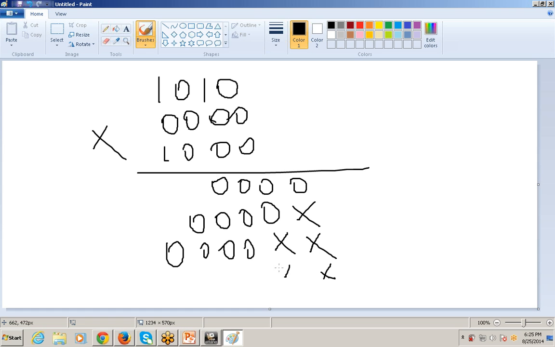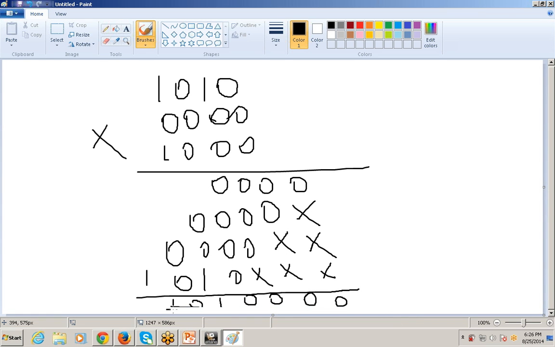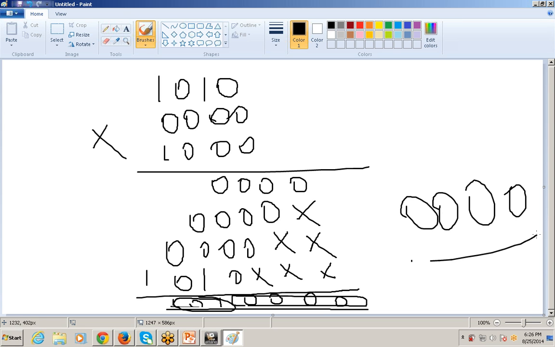Then use another 0. No, this is 1, so this is 0, 1, 0, 1. Now I have to add all these numbers. But I have to use only 4 bits. These are the 4 bits, so I have to discard all the other bits. So the output is 0, 0, 0, 0. This is how we can multiply two unsigned numbers.